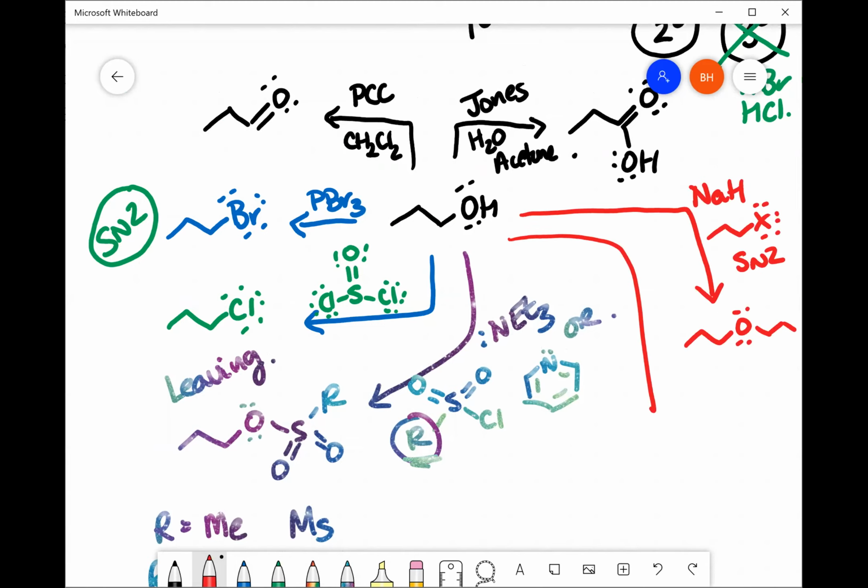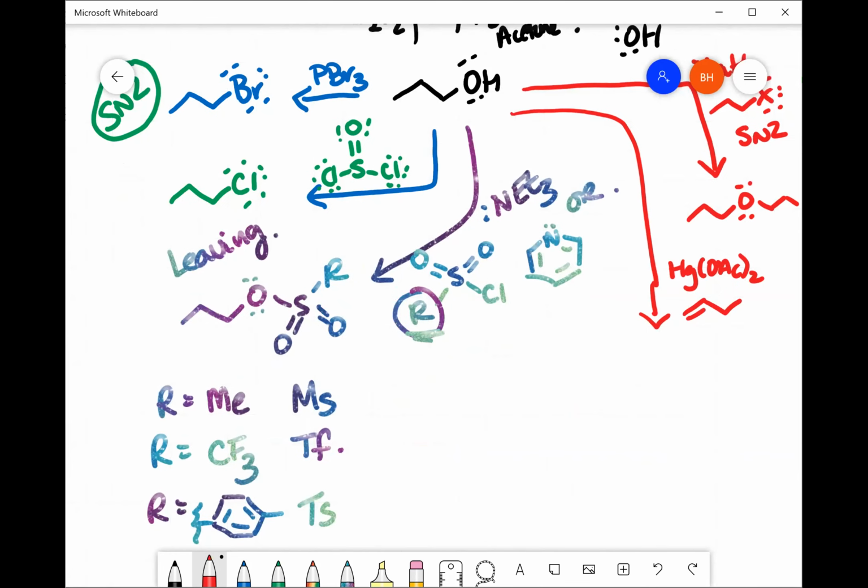The second way to make an ether was with the mercury, and we would add that to the most substituted carbon.